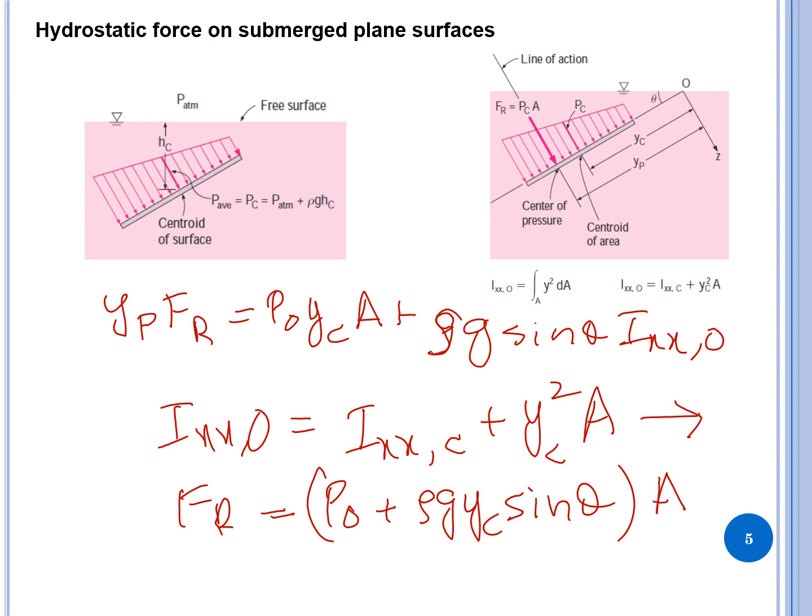So if I call it equation 1 and I call it equation 2, we substitute these equations into this equation and write the relation in terms of Yp.